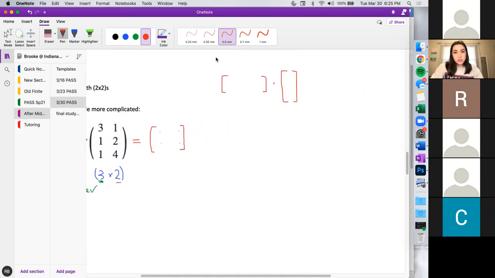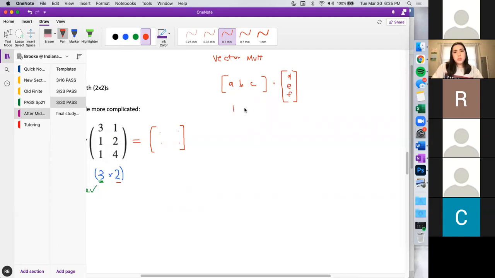So this would be a vector multiplication. I probably should just type that. Vector multiplication. So it's two different vectors, and it was set up like this, right? With the row and then the column.